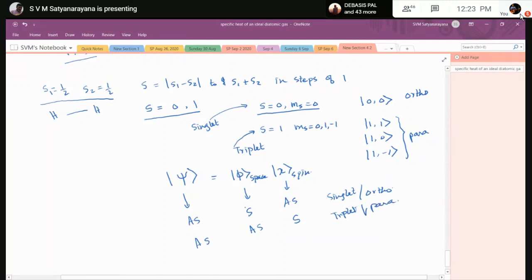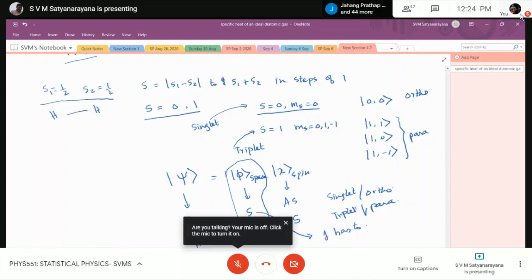Now the question is, how do I get this one as symmetric or antisymmetric? So that is by saying that the angular momentum, for this case, J has to be odd. J has to be odd.